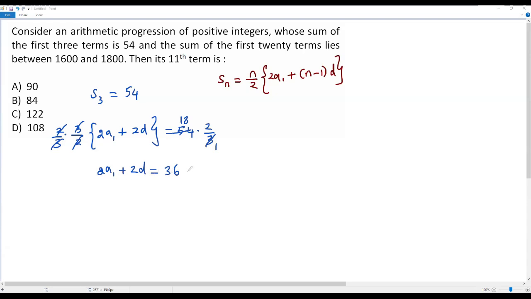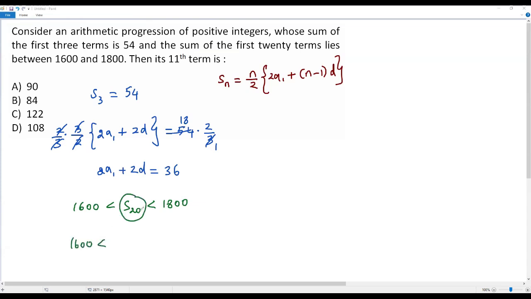Now let me consider the second piece of information, that the sum of the first 20 terms lies between 1600 and 1800. We can write this as an inequality, as I've written over here: 1600 less than S20 less than 1800.